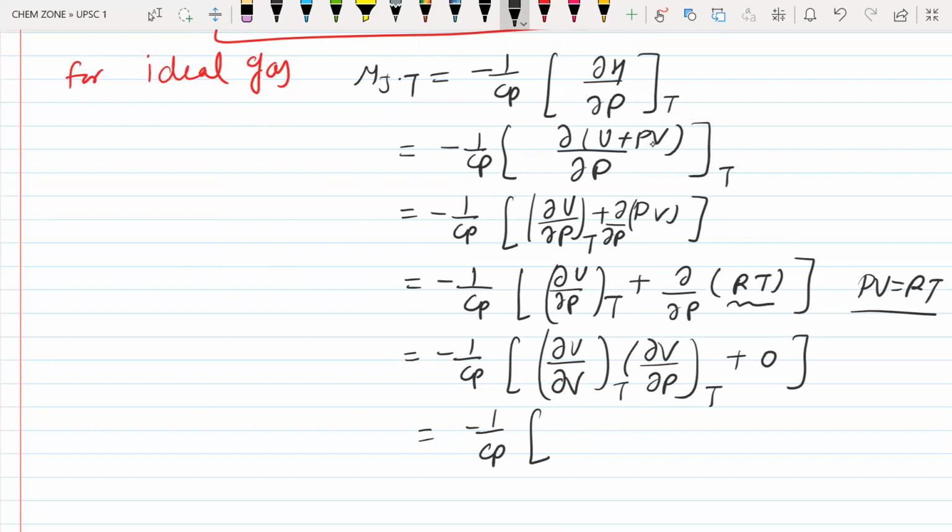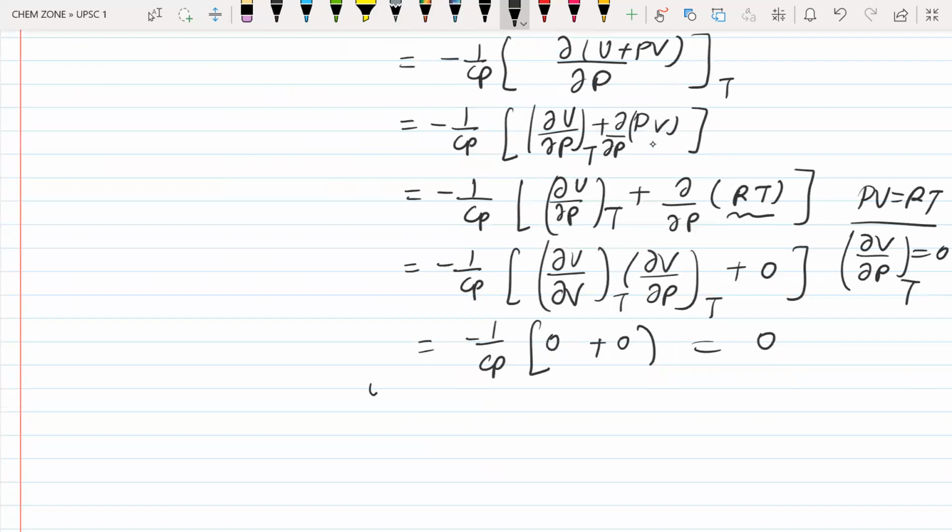Now see, del V by del P again has the value 0 as the temperature is also constant here. Zero at constant temperature for ideal gas. We can get mu JT is equal to 0 for an ideal gas.